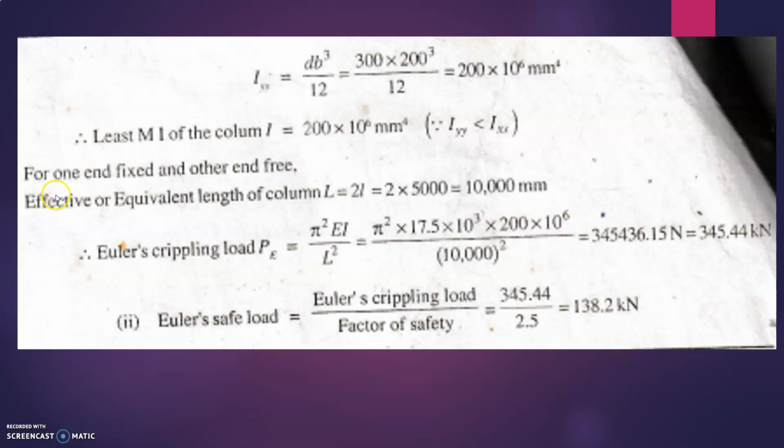Now in this problem it is given one end is fixed and the other end is free. So what is the equivalent length of the column? LE is equal to 2L.